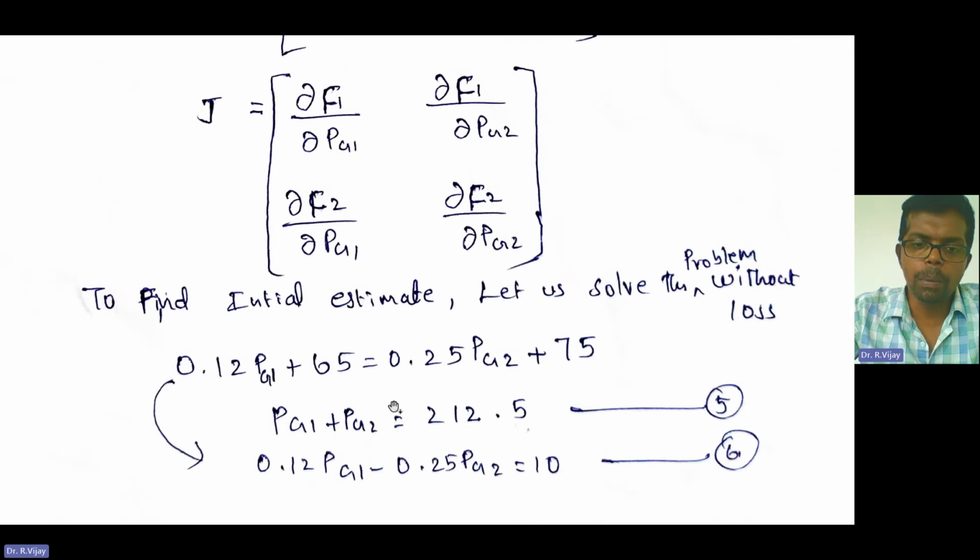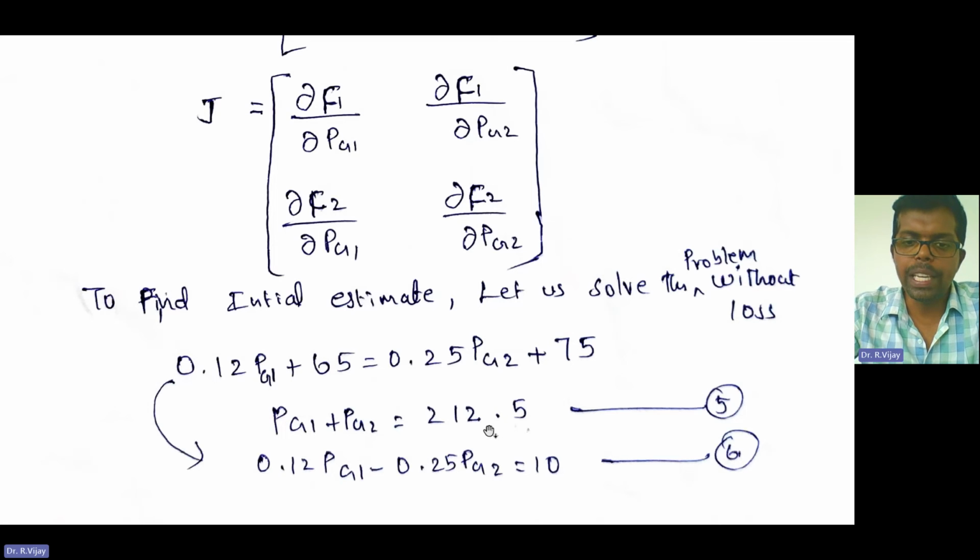So we are taking this equation, that is 0.12 Pg1 plus 65 equal to 0.25 Pg2 plus 75. That is dC1 divided by dPg1 is equal to dC2 divided by dPg2, equal to lambda. So those two equations we are taking, and the same values we are substituting. Also Pg1 plus Pg2 is equal to the demand, that is 212.5.